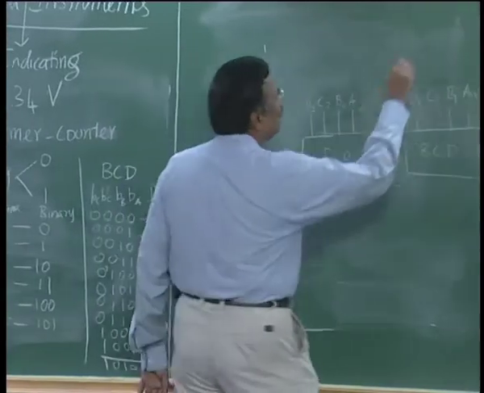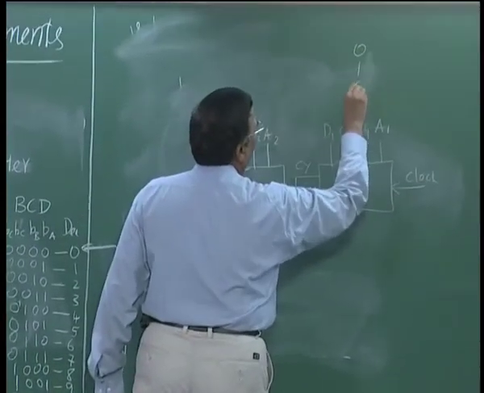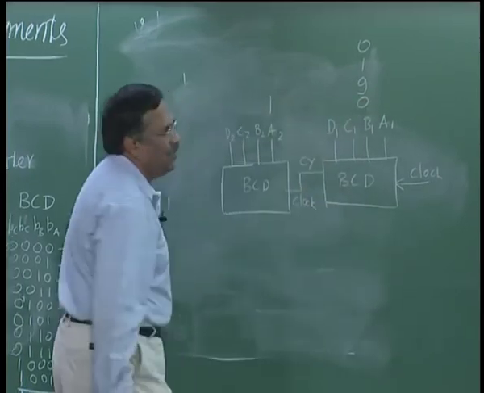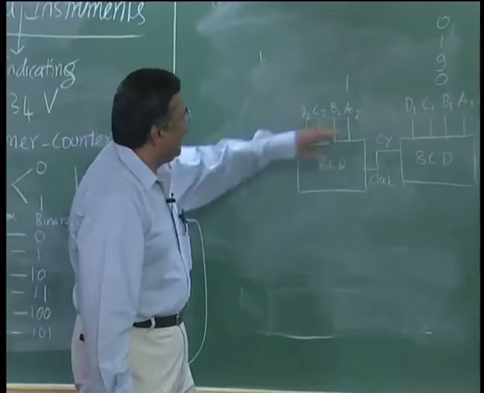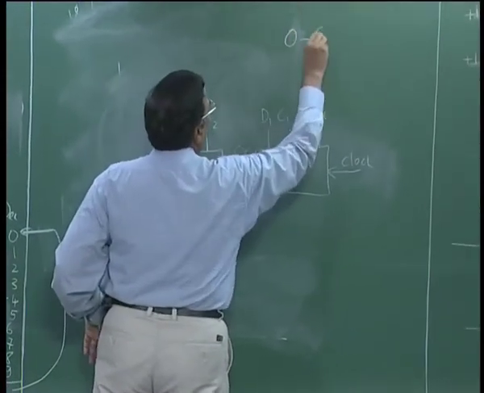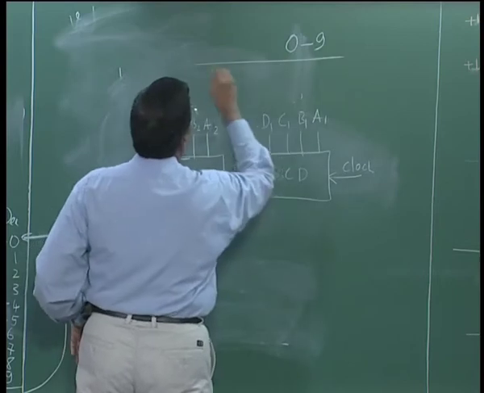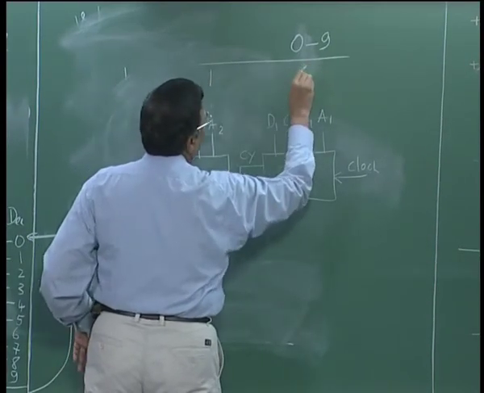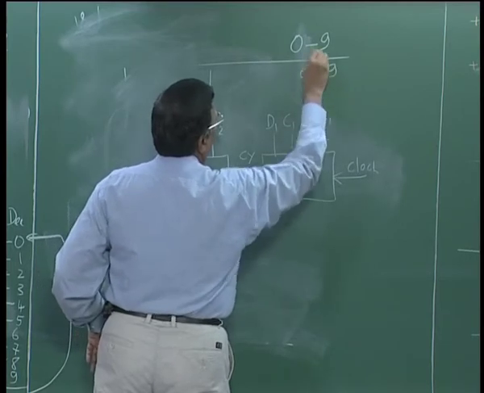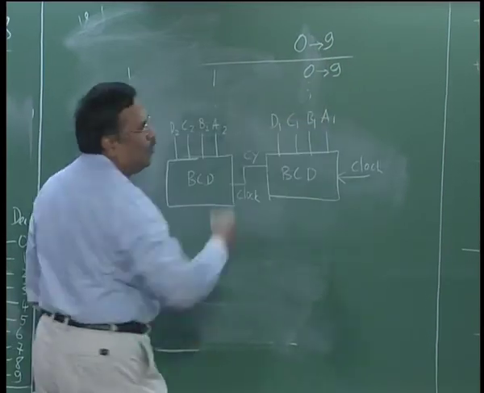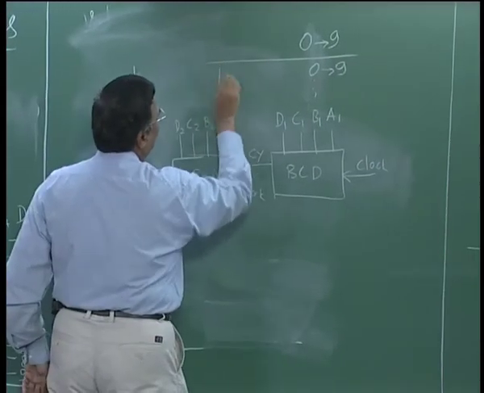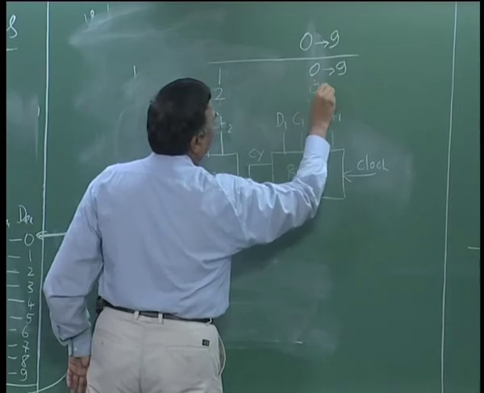So, this will go 0 to 9, and the next one, this will become 1 and this will become 0, right. Once again this will go 0 to 9, and carry will become 1 and this will become 0 to 9. Again when it rolls over, I will have 1 0 which means 2 and I will get 0 to 9.